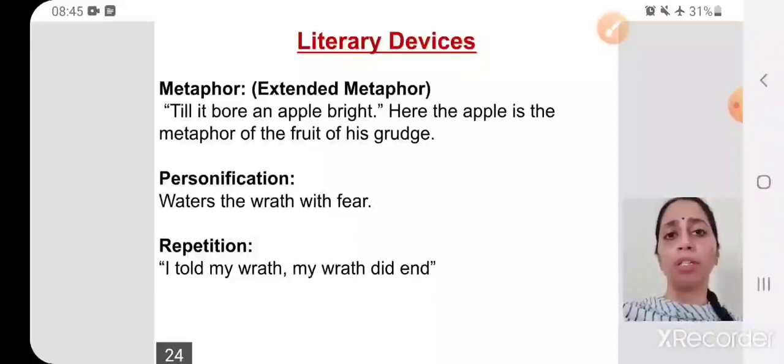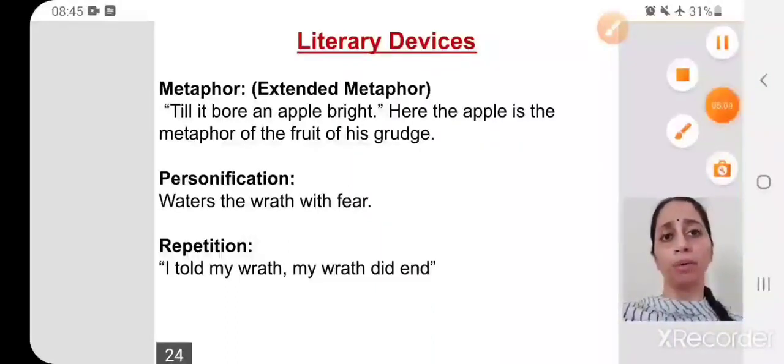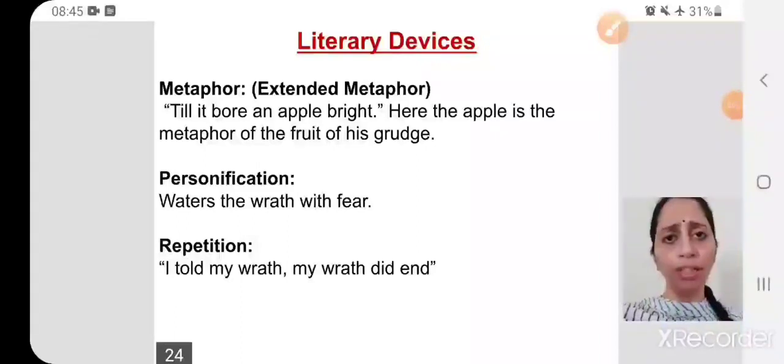Personification. What's a personification? When we give inanimate objects the human action or the human quality, that is personification. Now pay attention. Waters the wrath with fear. Okay. He is saying that his wrath increased. Why? Because of watering it. But what do we water?